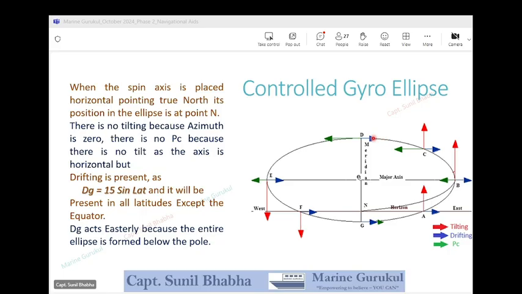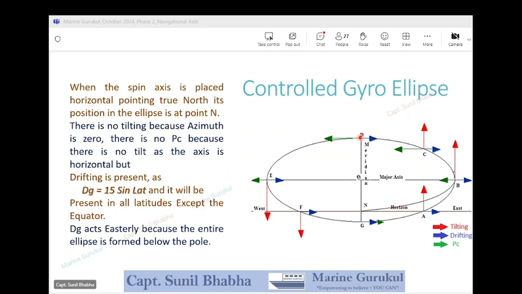So eventually it reaches at point delta. Now what happens at point delta is, the azimuth is 0 again. With the azimuth 0, the tilting also becomes 0. That's why the red vector, the tilting vector, disappears. There is no tilting here because the azimuth is 0.